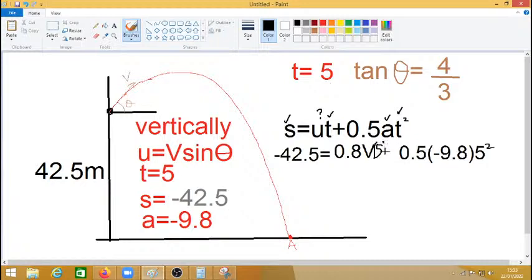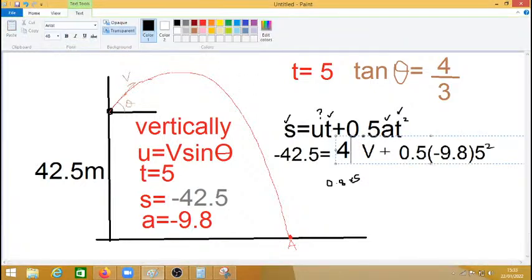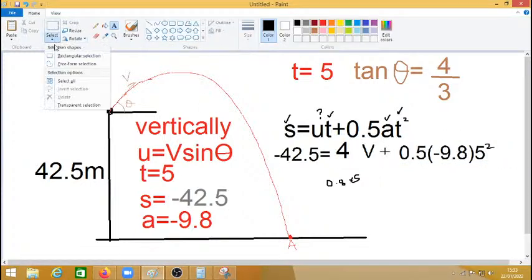Instead of 0.8, that should have been 0.8 times 5. That works out to be 4. So that should have been 4. Okay, then we're happy to work it out from there.